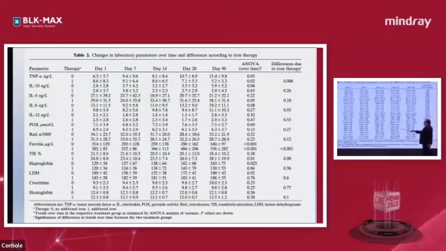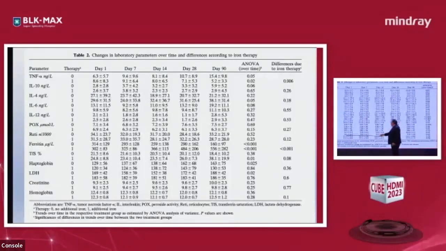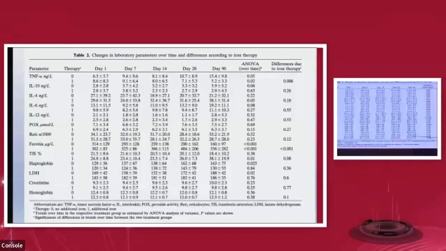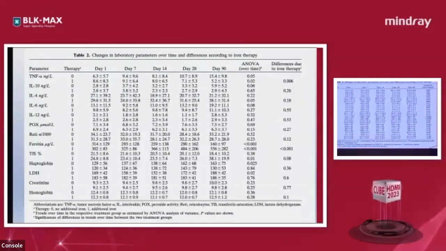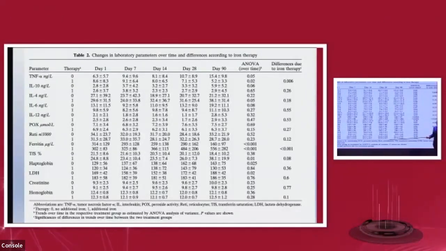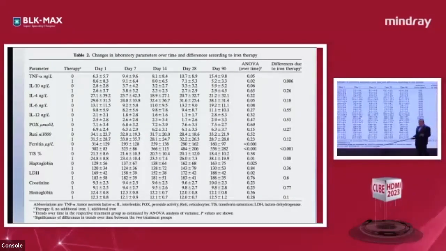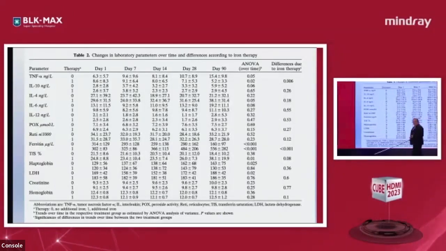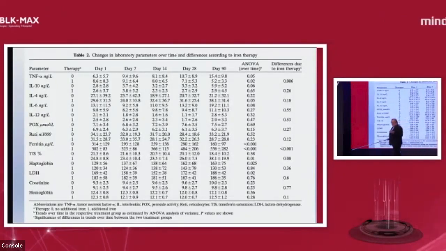But look at the hemoglobin in both groups: 12, 12, 12, 12, with no significant difference. In this case, why do we need iron? We don't need iron if the ferritin is more than 150. Only erythropoietin. And that is the lesson we learn.